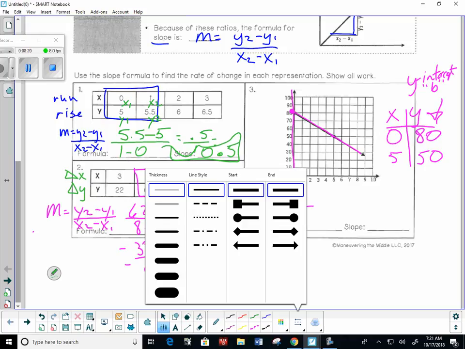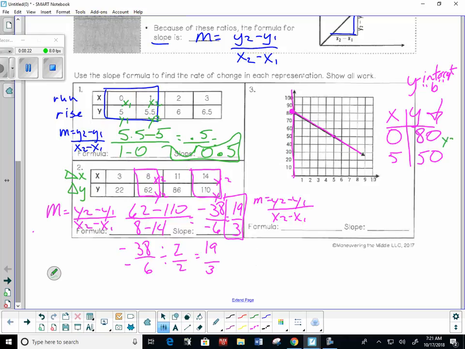We're going to call this y2, y1, so this has to be x2, x1. Okay, so we've got 80 take away 50 over 5 take away, no, I did that backwards, didn't I? Made a mistake. I have to be careful to keep the same pattern, 0 take away 5. So that's going to give us 30 over negative 5, isn't it?